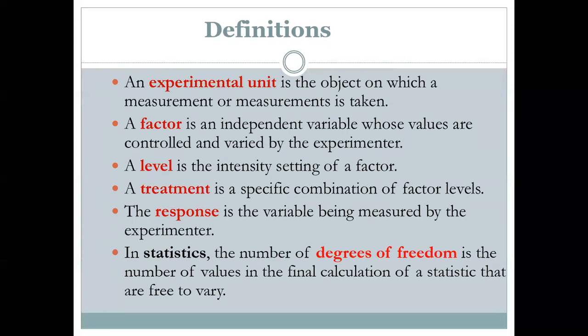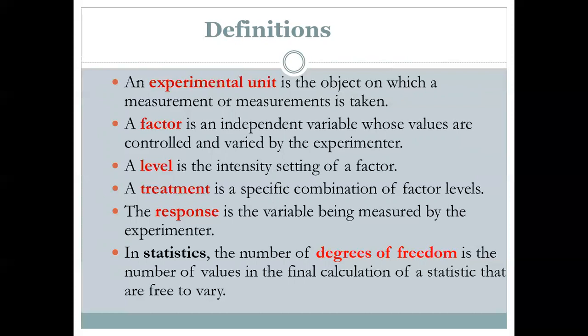And the second is a factor. A factor is an independent variable whose values are controlled and varied by the experimenter. So a factor refers to the independent variable. And then a level. A level is the intensity setting of a factor, so it depends on the level or the intensity of the independent variable.